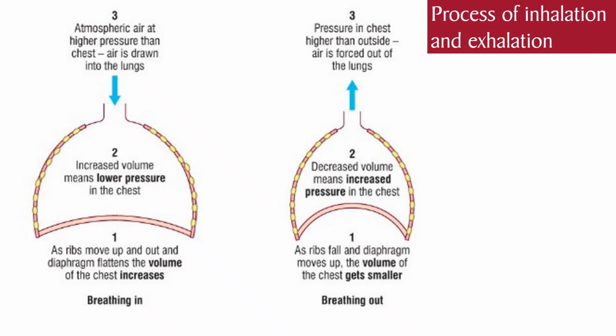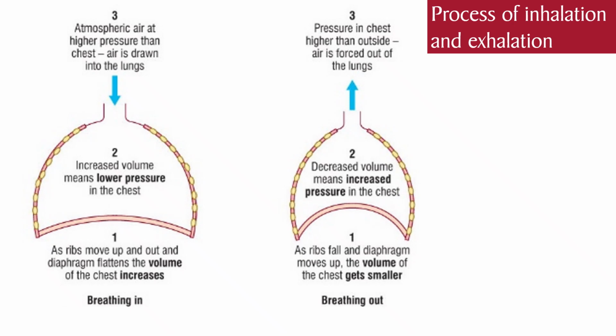Number 2, you've then got an increased volume in that area, so you've got lower pressure in the chest. To fill that lower pressure, you suck air in from the atmosphere, and that's when you breathe in.